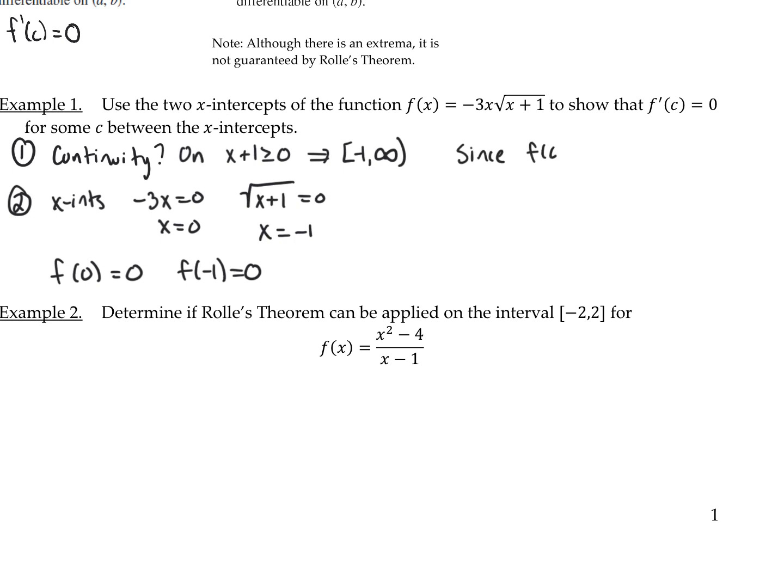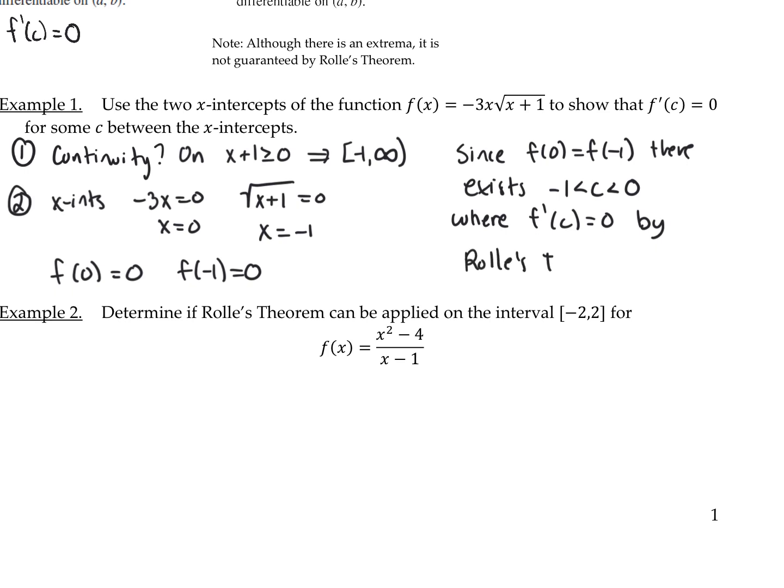Since f of 0 equals f of -1, there exists a c value between -1 and 0, where f prime of c equals 0 by Rolle's theorem. Notice Rolle's theorem doesn't tell us where that place happens, it just tells us that it does happen.